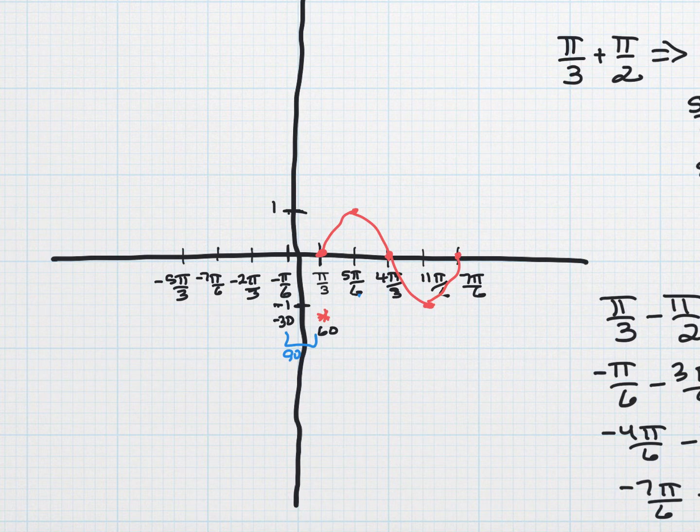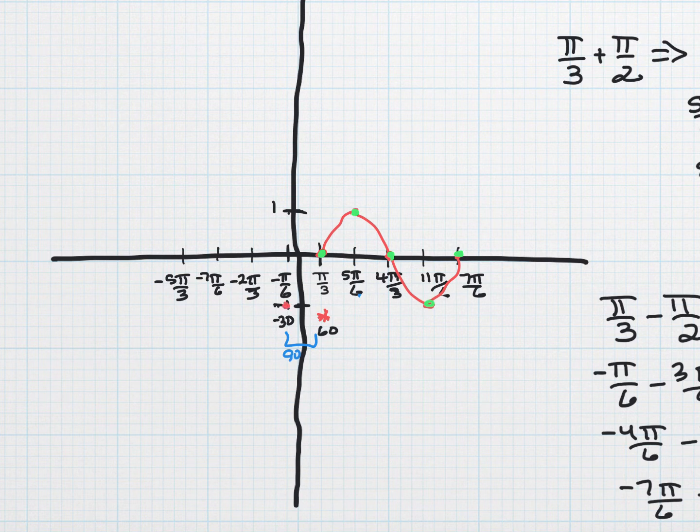So again, common mistake here. Remember, each one of these dots, these points that I'm graphing, they are all 90 degrees apart. So there is no stopping point on the y-axis, because from pi over 3 to the y-axis, that's only 60 degrees. So I need to actually go to negative pi over 6, and this is where my next point goes.